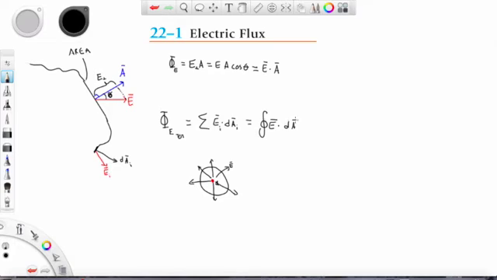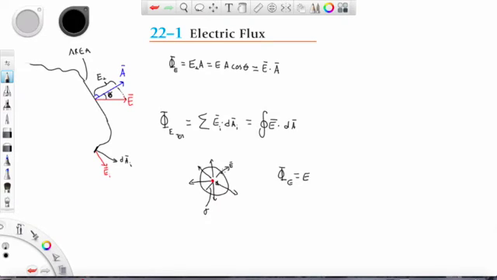So instead of this, we can use the simpler form: phi E equals the perpendicular component to the surface, which in this case is just the magnitude of the electric field at this surface, which is some distance r away from the charge.